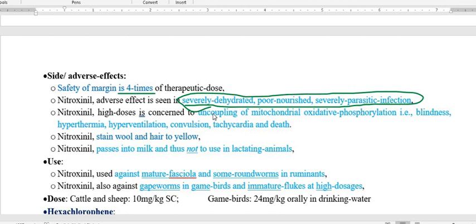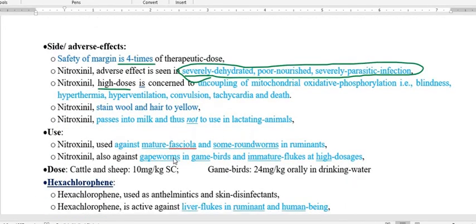So if we are going to use the higher dose, be cautious in these types of animals. Regarding toxicity, the adverse and side effects include blindness, hyperthermia, hyperventilation, convulsion, tachycardia, and finally death, and this is only because of the uncoupling of the mitochondrial oxidative phosphorylation.